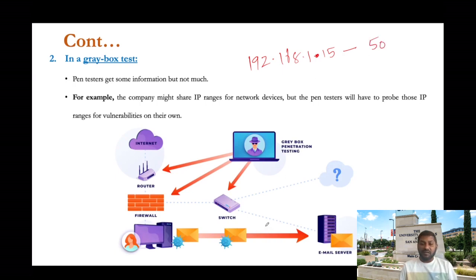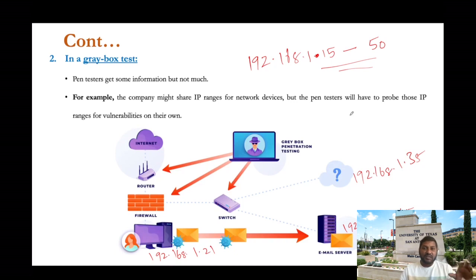As we know, every device in the network is identified with its identity. If there is an email server, the email server IP address is given, say 192.168.1.15. If there is an employee device, its IP address may be 192.168.1.21. Other devices may have other IP addresses like 192.168.1.38. So the range is given.